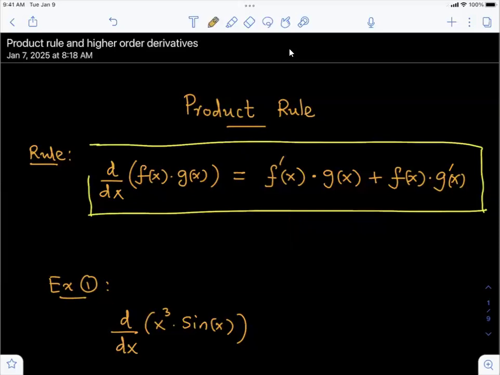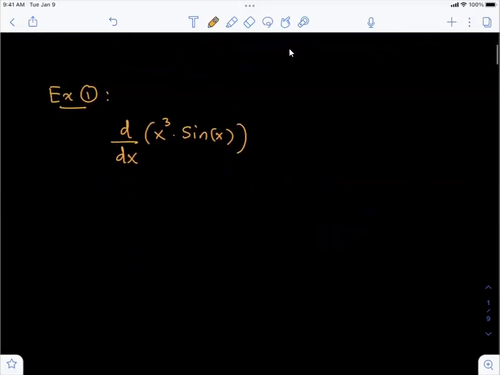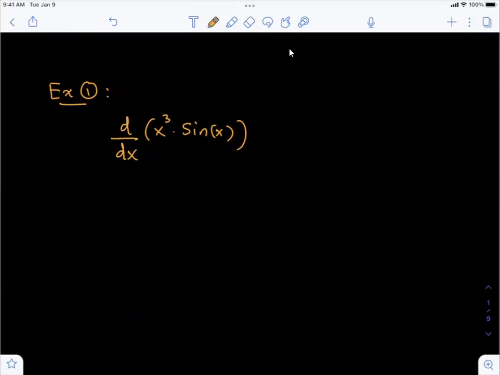Now, let's play with some examples. You do not need to recall the formula explicitly to work with these examples. What you can do is just follow the recipe. That's all. You have two functions here, the first and the second.